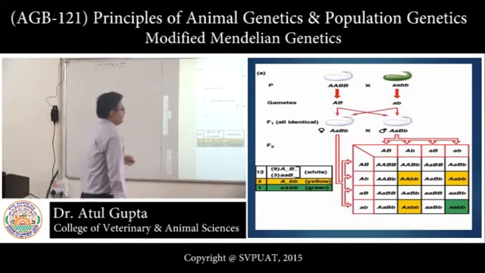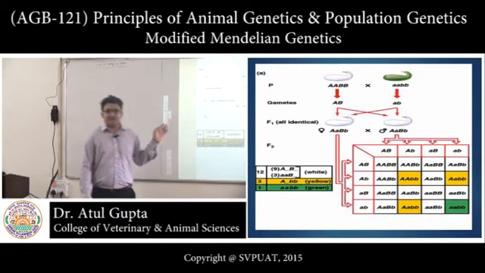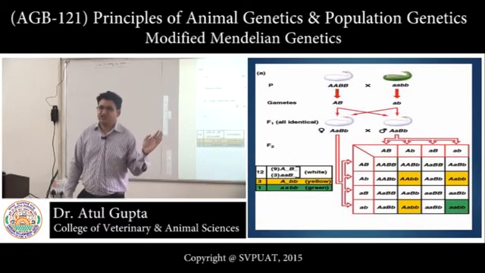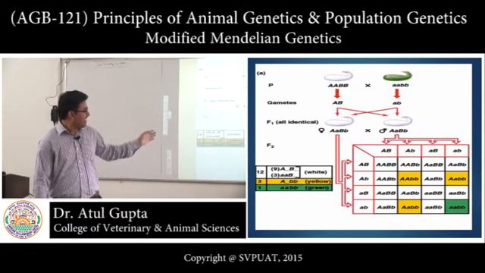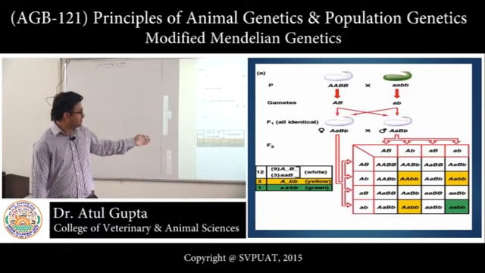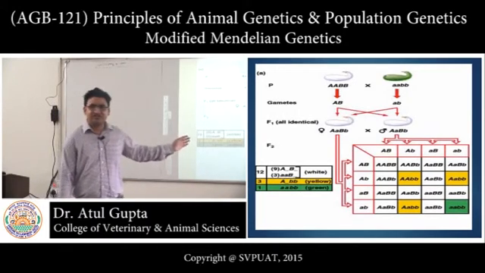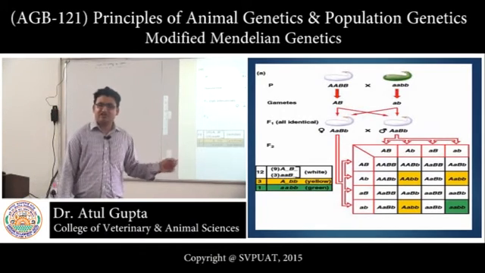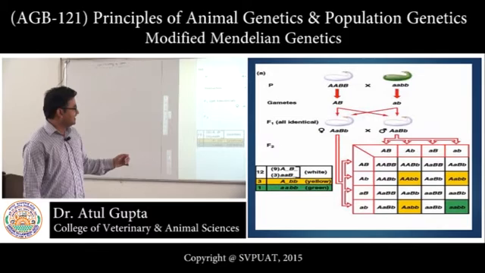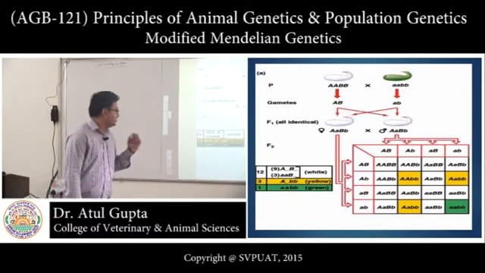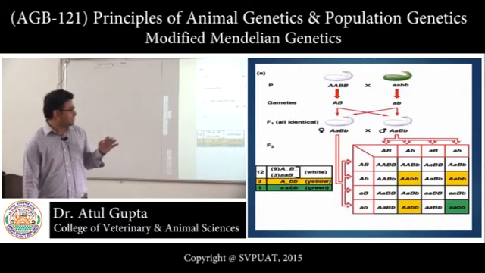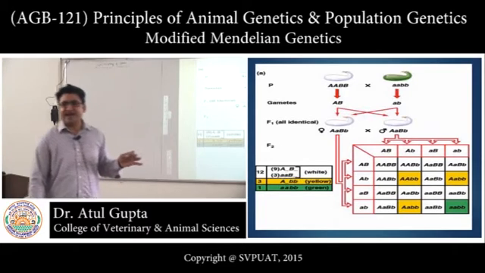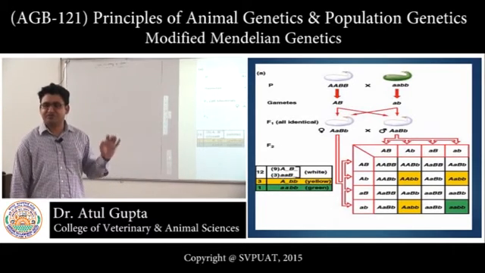And when we allow these F1 to cross each other, then in F2 we will have a ratio of 12:3:1. That is, white will be 12, yellow will be 3 and green will be 1. Why is it? Because for a squash to be white, the genotype A_B_ must be there.